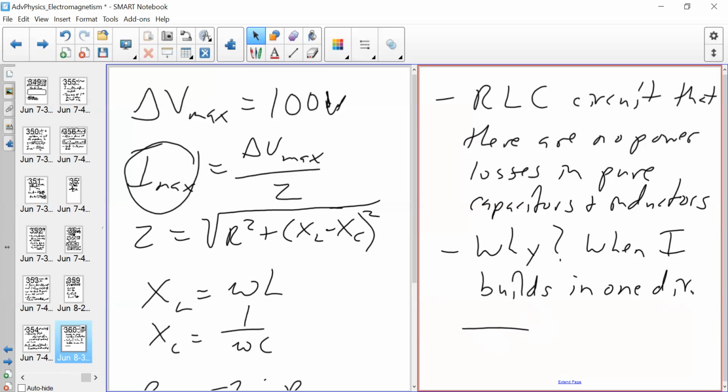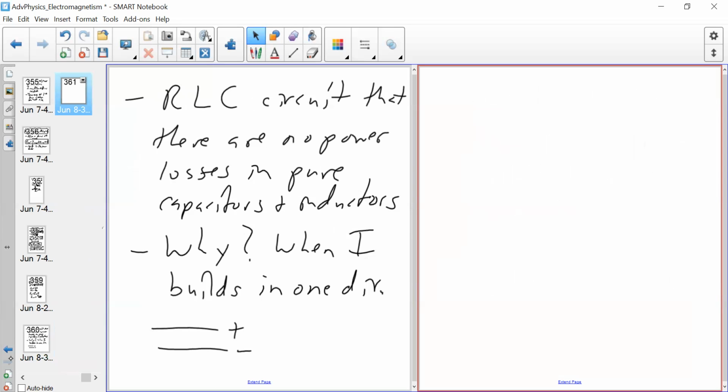So for the capacitor, 2 parallel plates, what happens is that, if you look back at the graph for the capacitor, the charge accumulates first, and so therefore the current in that part of the circuit is going to lead the voltage.